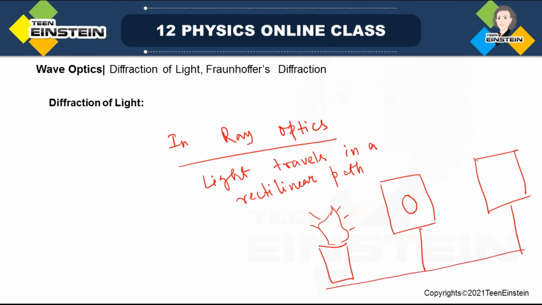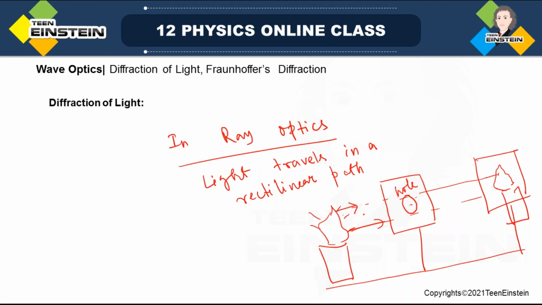You will see that when the height of this hole is at the height of the candle light, then only you will be able to see the candle on the screen. If it is not, then you will not be able to see the candle light.